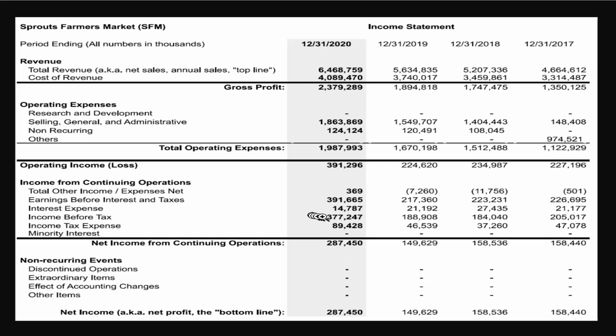Look at their interest expense. It's not even $15 million, $14,787. So the earnings before interest and taxes is the numerator, and the interest expense, 14 million actually, but 14,787, is in the denominator.